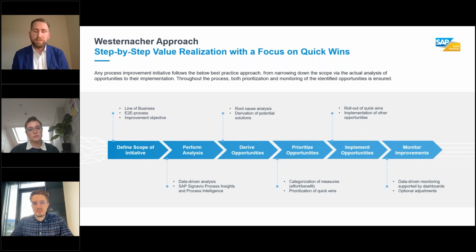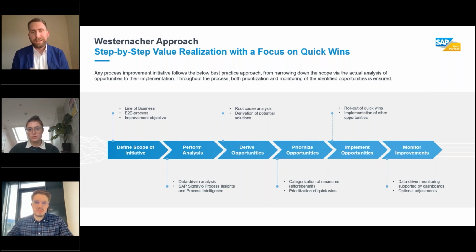So first, you define the scope of the initiative. You choose a line of business, you choose a specific process, and you actually decide what you want to improve. Is it cost you want to improve? Is it cycle time you want to improve? So you define this first. Based on this, you can use process insights and process intelligence to perform the analysis.